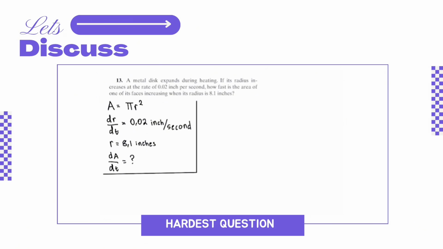We can solve this by using the chain rule. dA over dt is the same as dA over dr times dr over dt. Now, we already have dr over dt, and what we're trying to find now is dA over dr. So, the derivative of area with respect to radius, which is pi r squared, is 2 times pi times r.